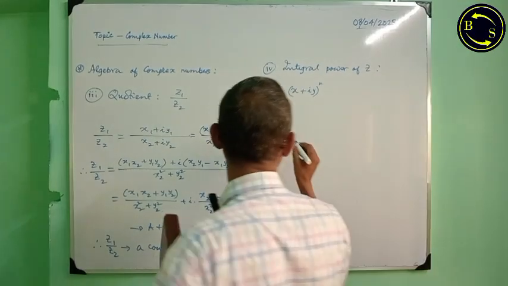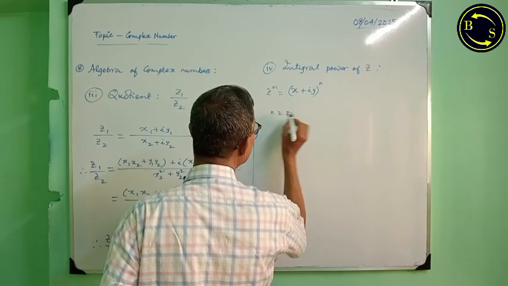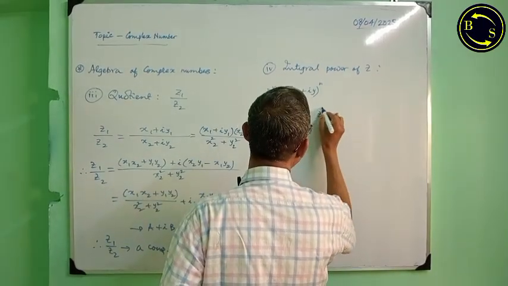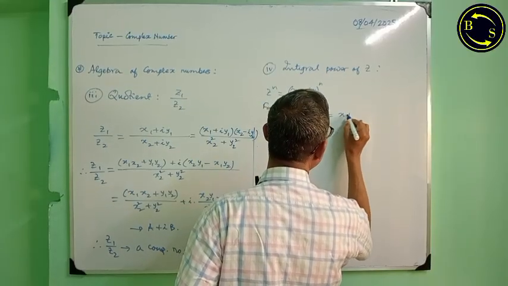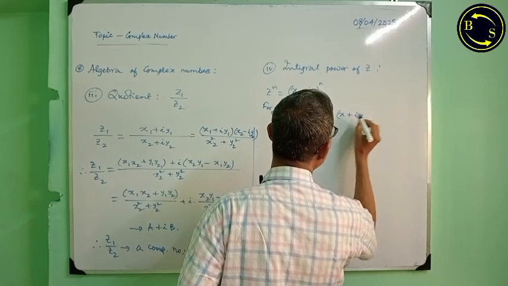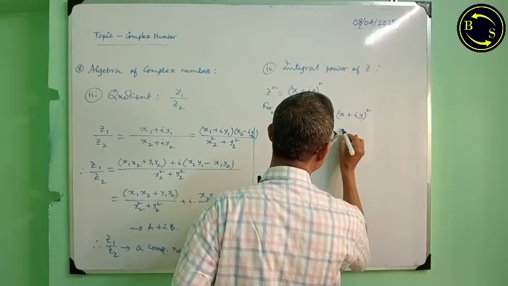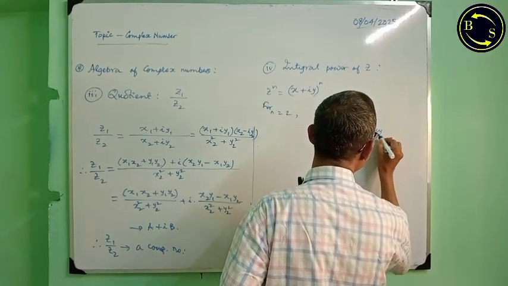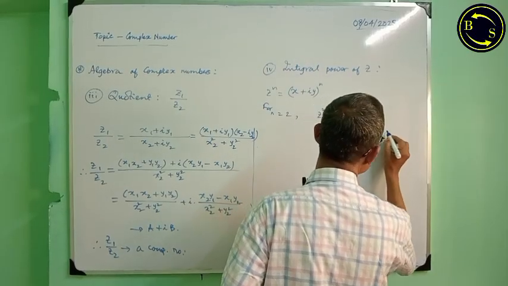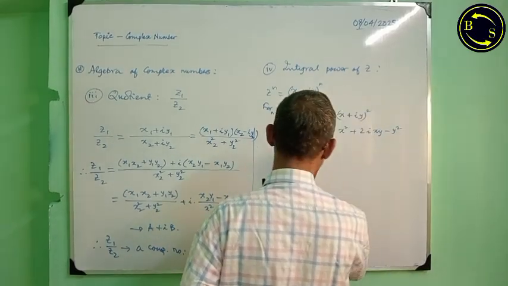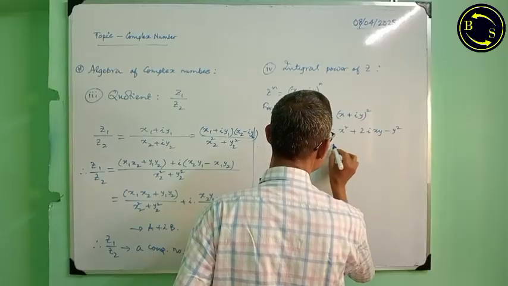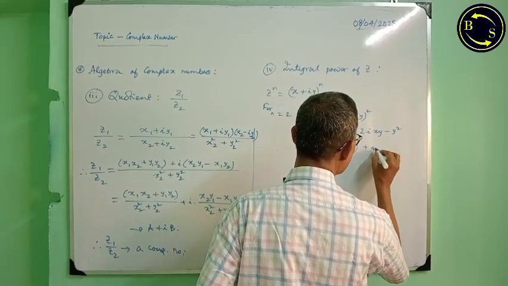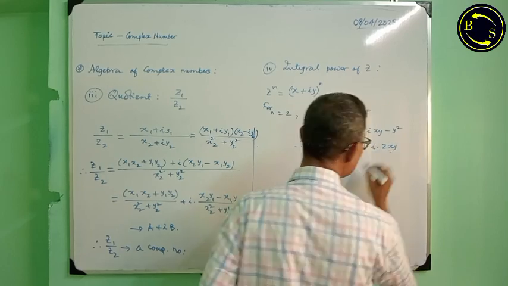Let us take n equal to 2. i square y square means minus y square. That means z square equals x square minus y square, real part, plus i into 2xy, imaginary part.